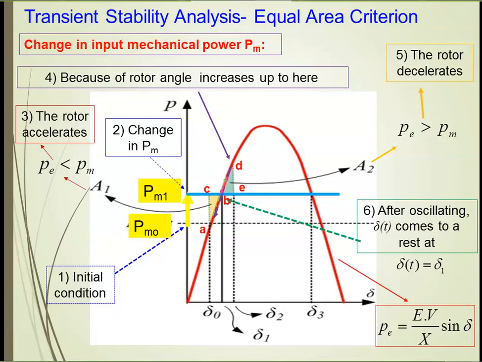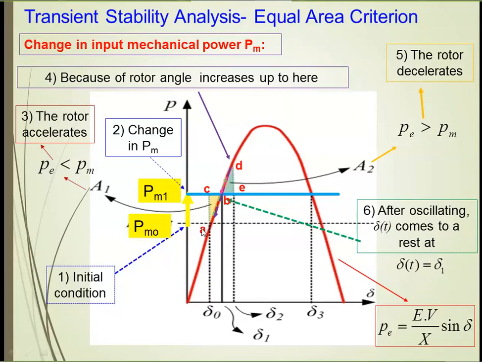Okay, sir. In the same way, let's say that at 5 o'clock we are expecting a decrease in the load. So when we expect a decrease in the load, before that we will shift this line downward.